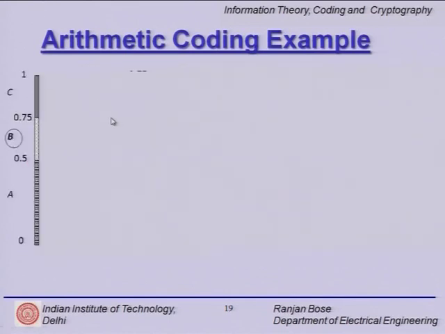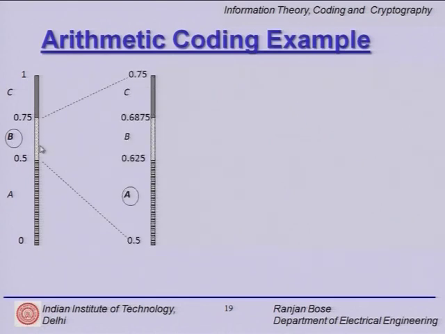So, let us look at it graphically again. We started with this real line 0 to 1, A had the lion's share of 0.5, B a quarter of it and C again a quarter of the line. The first symbol to come was B, right. It is not very visible, but B has come in first, and so I take this section for B, which belongs from 0.5 to 0.75, and stretch it.